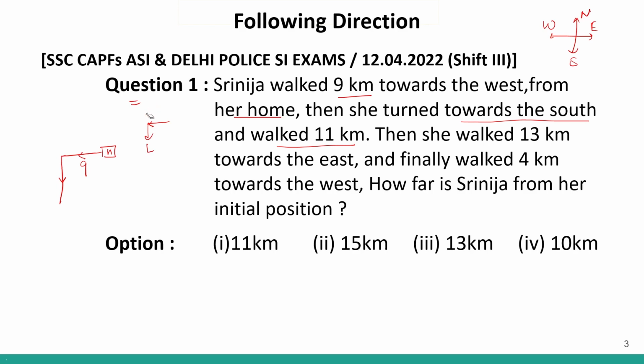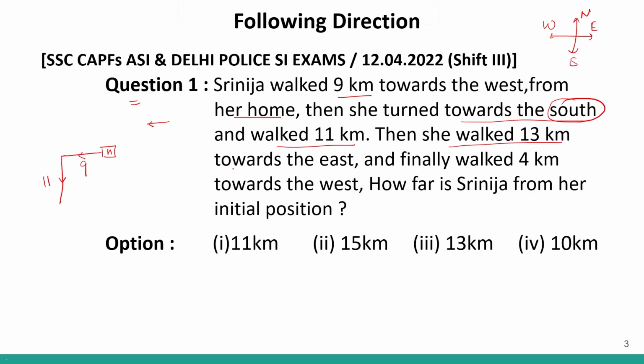But whenever the actual direction is mentioned, whenever it is mentioned that south, then in that case, we move towards the south. We will not move back towards the home. We will move towards the actual direction, which is south. So she turned towards the south and walked for 11 kilometers.